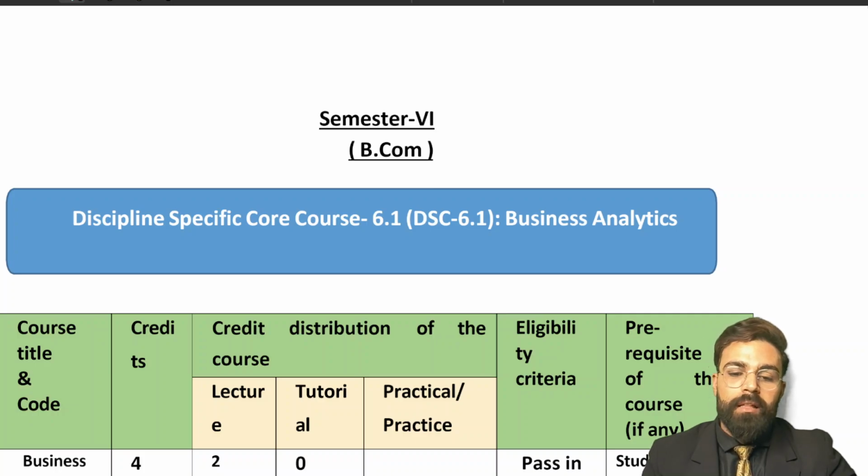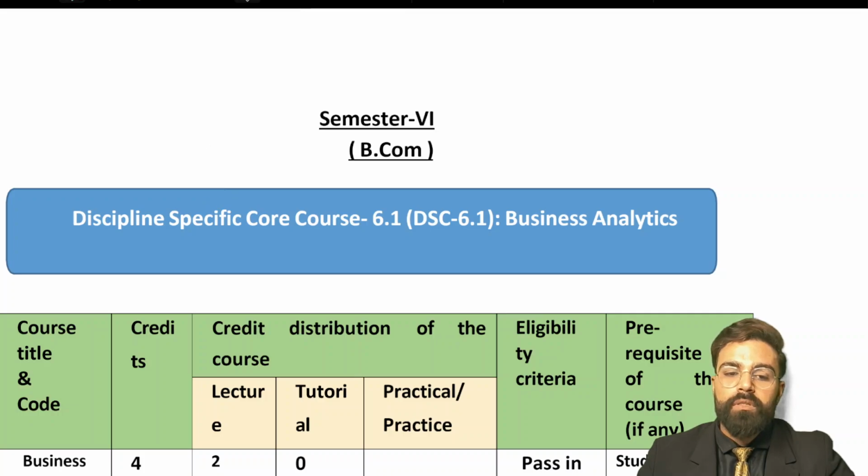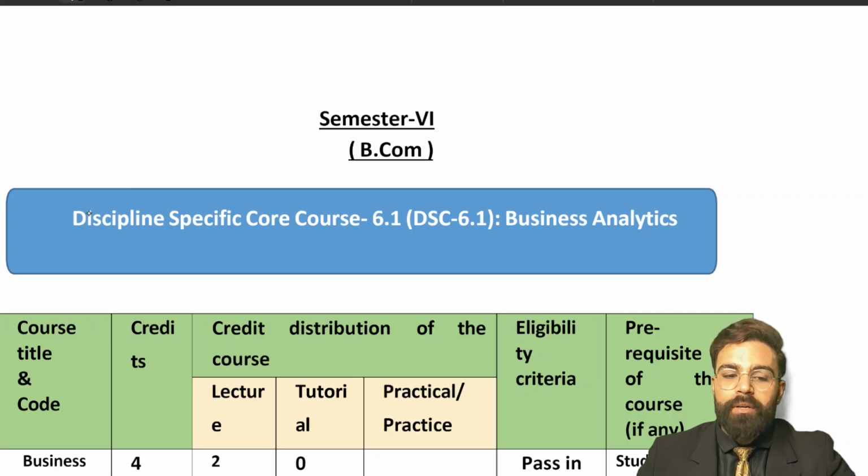As you can see, this is a discipline specific course. And before starting with the marks and credit allocation, let's go through first the UPC code, which is mostly required while filling the examination form.